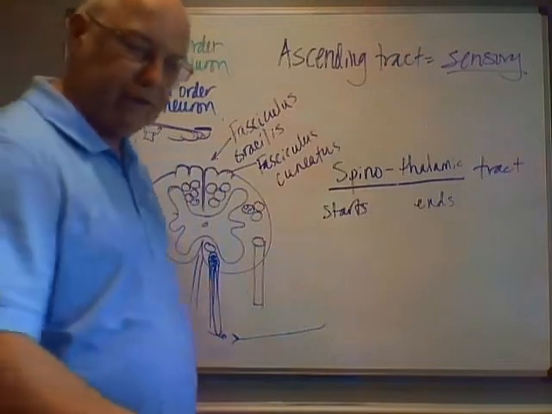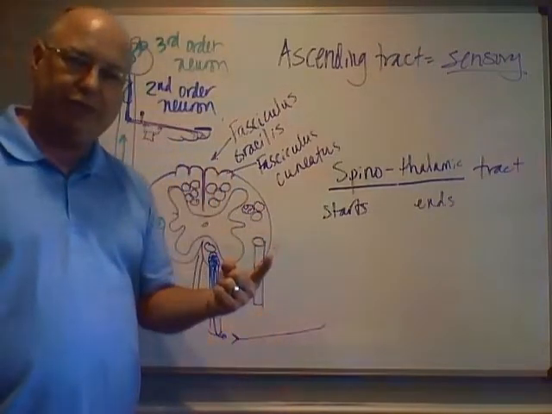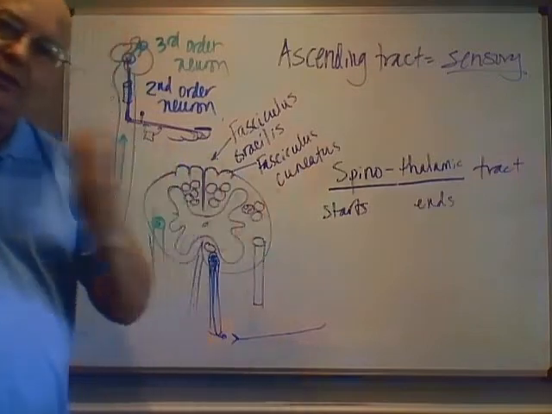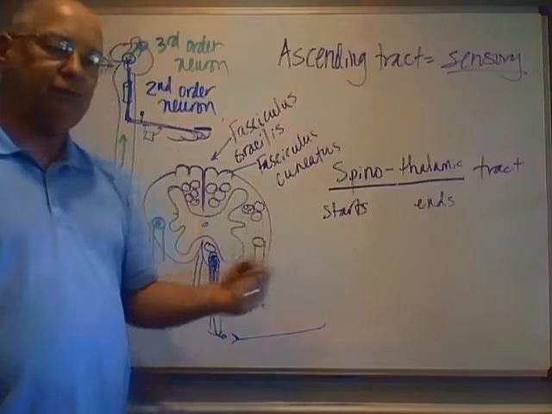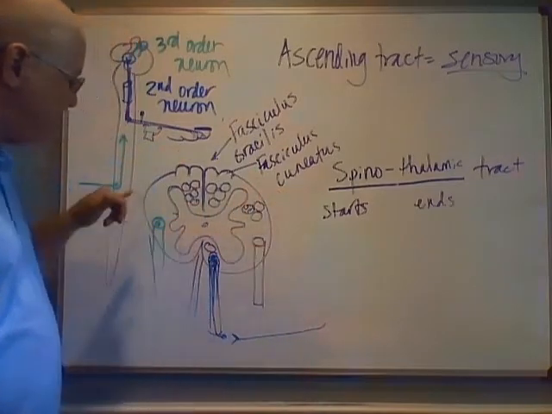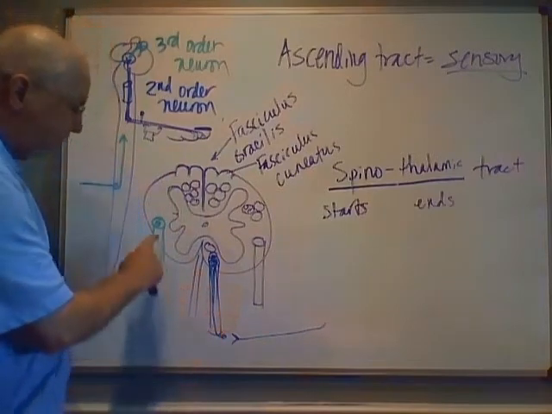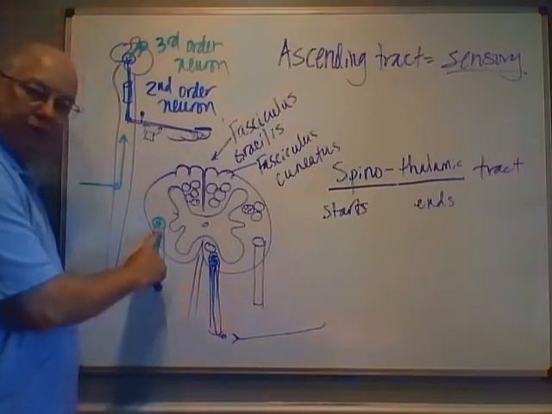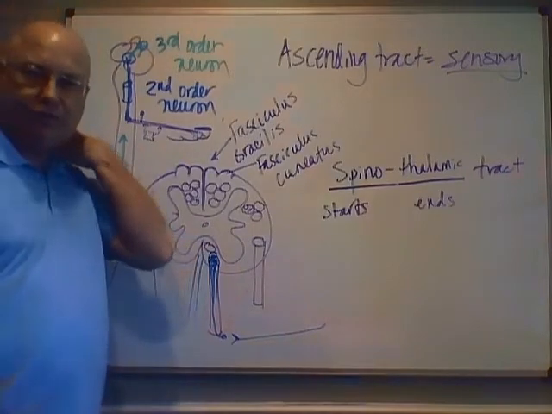Now, when you look at page 93, the first 2 tracts are called the lateral spinothalamic tract and the anterior spinothalamic tract. So there's 2 spinothalamic tracts. The first word in the name, the anterior or lateral, tells you which white column you will find that tract in. The lateral spinothalamic tract is found in the lateral white column. The anterior spinothalamic tract is in the anterior white column.